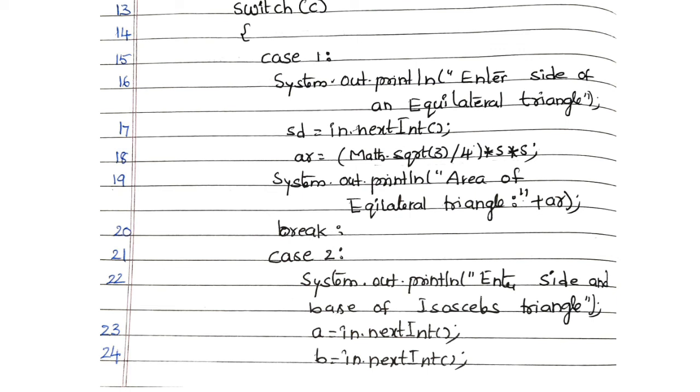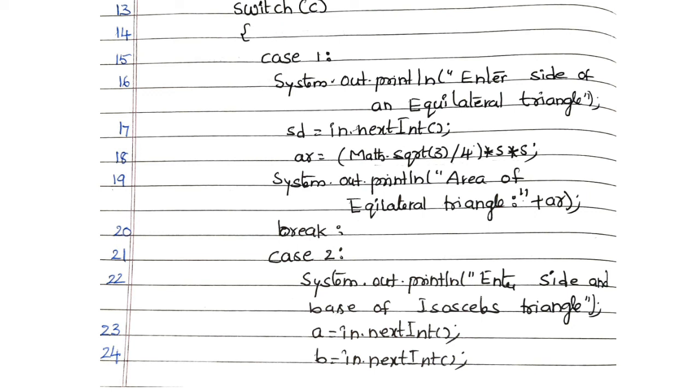System.out.println enter side of an equilateral triangle, and I have taken SD as the input for the equilateral triangle side. And in the next statement, I have calculated the area of the equilateral triangle, that is Math.sqrt of 3 by 4 into s into s. Once again go to the question and check the formula also.